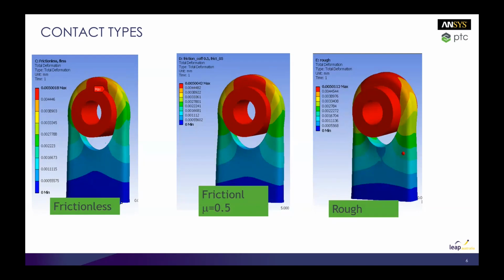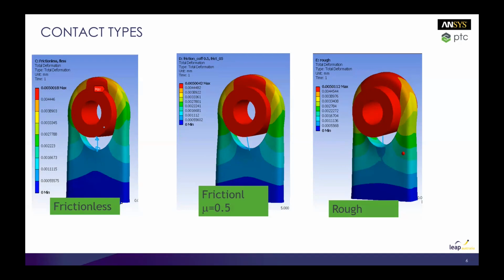Okay, so with a frictionless contact, here the displacement is exaggerated. You can see there's a gap opening up here. The same thing with frictional contact, and the same with rough. Because these are all non-linear contacts, they don't support a negative pressure within the contact.